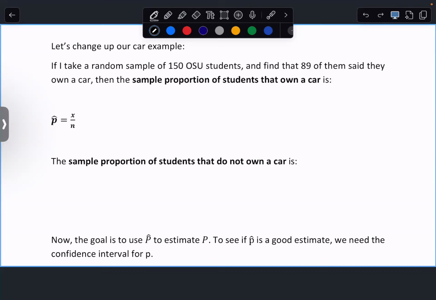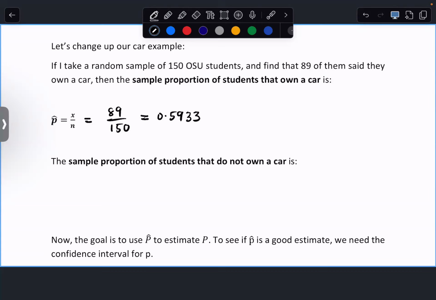So our sample proportion, which is x divided by n. Our x is 89 and our n is 150. So if you solve this one, you can also change this to fractions or decimals. You get 0.5933.